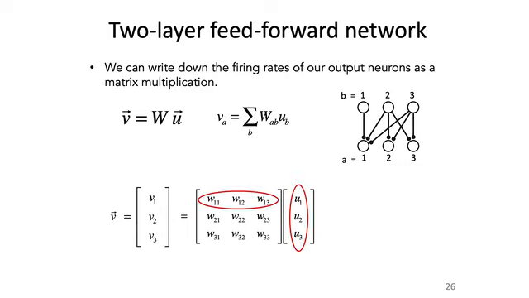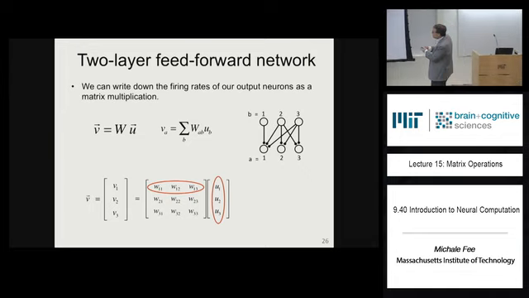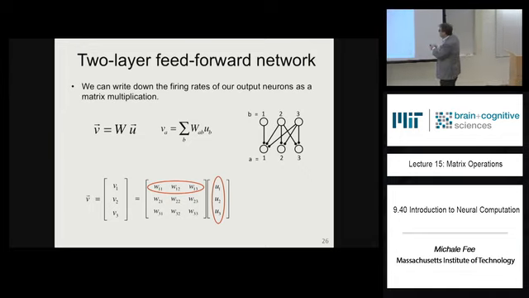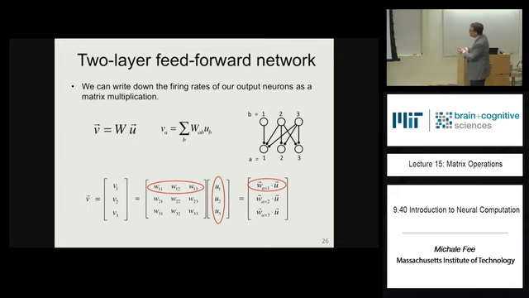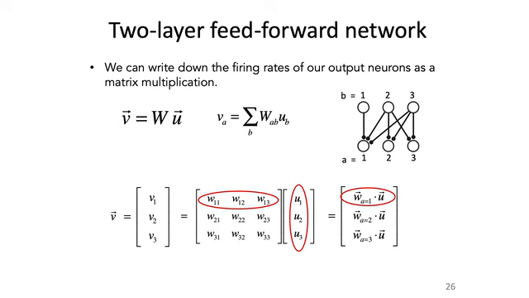In order to calculate the firing rate of the first output neuron, we take the dot product of the first row of the weight matrix and the column vector of input firing rates. And that gives us this first firing rate.